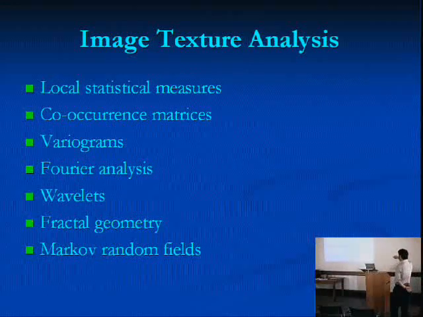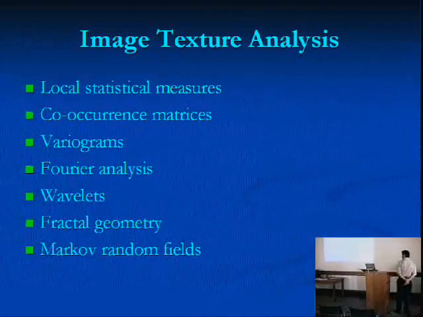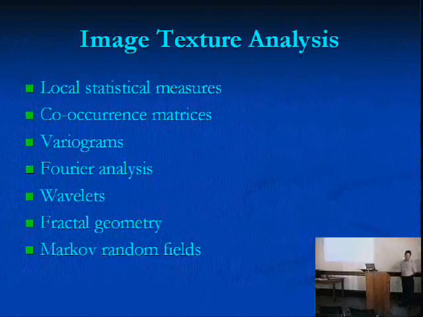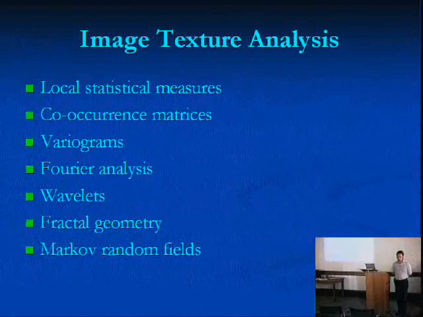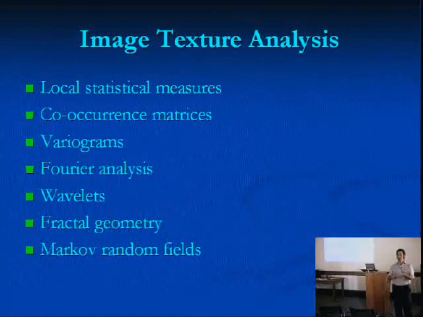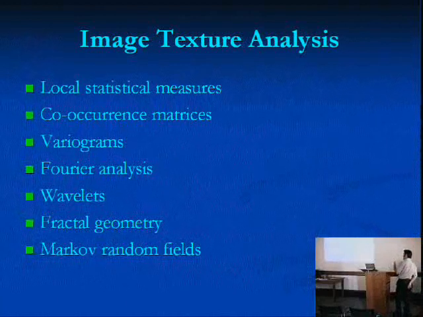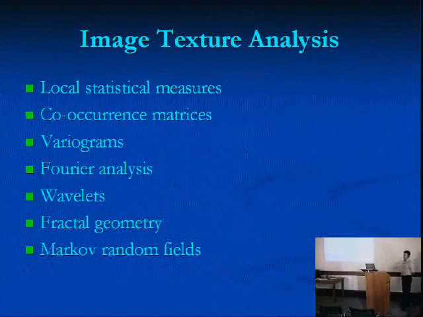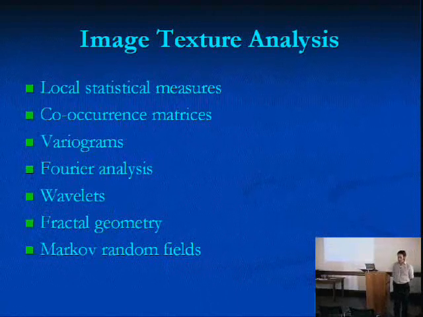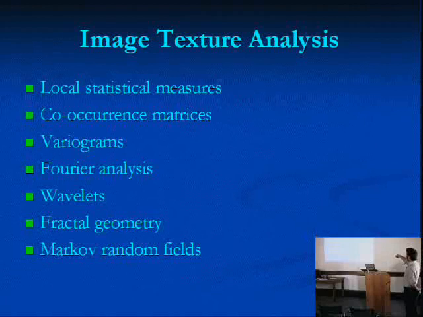First, you might think about texture as how the pixel values vary in a given region, not really thinking about the precise spatial arrangements, but just the mean value and the standard deviation of the pixel values. That might give you one measure of texture, but that wouldn't get you too far.